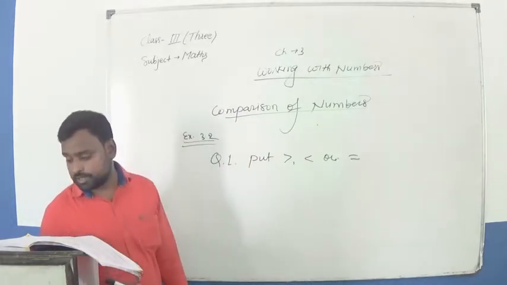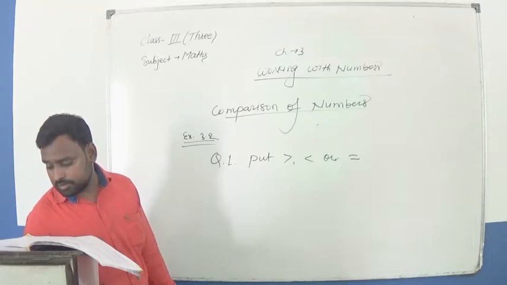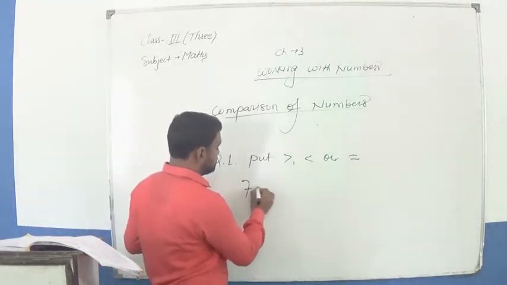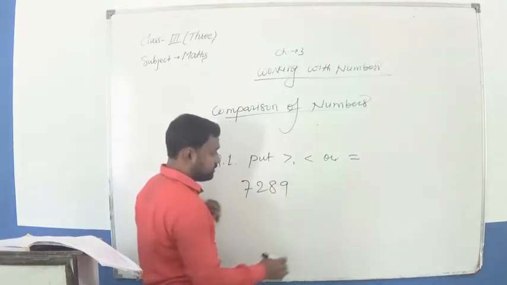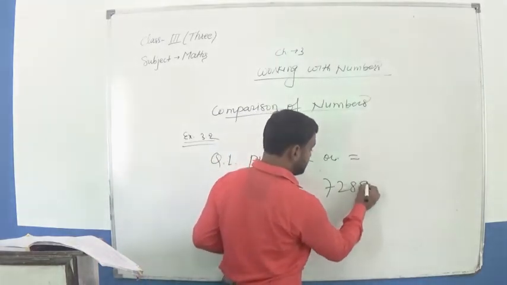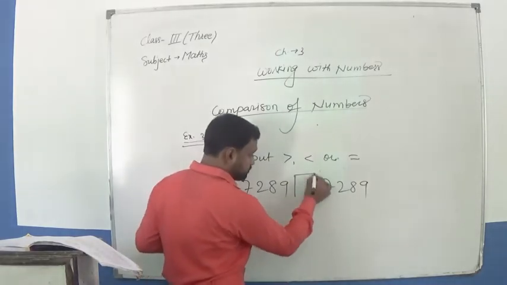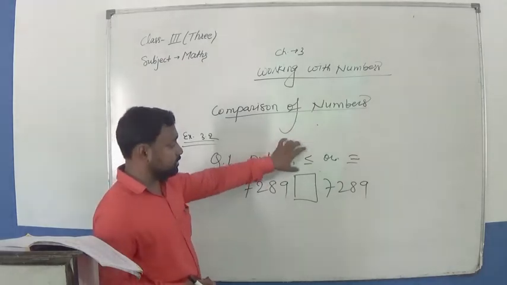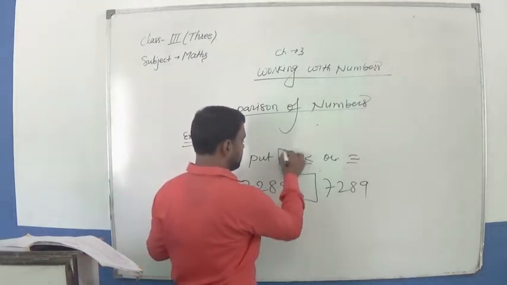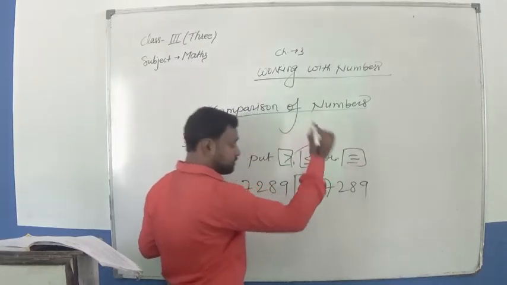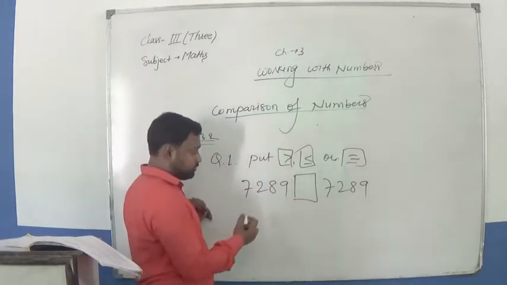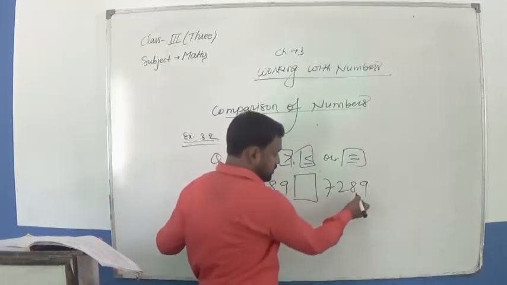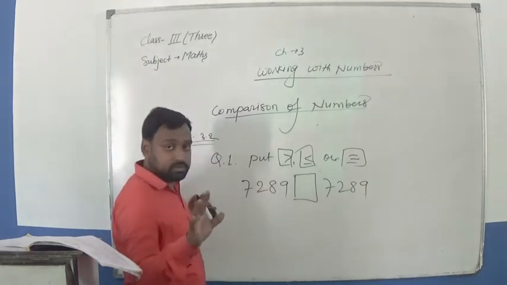One question I am taking for you: 7289 and 7289. You have to put any one of these symbols. I have told you, for comparing two numbers, first count the digits. 1 2 3 4, 1 2 3 4, same.